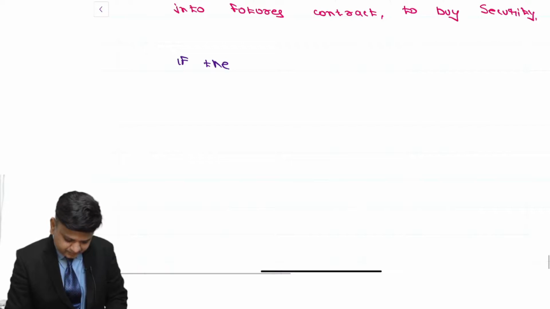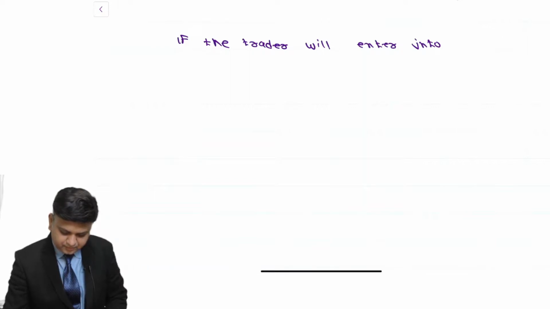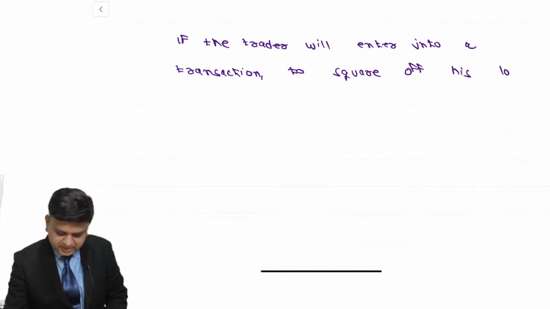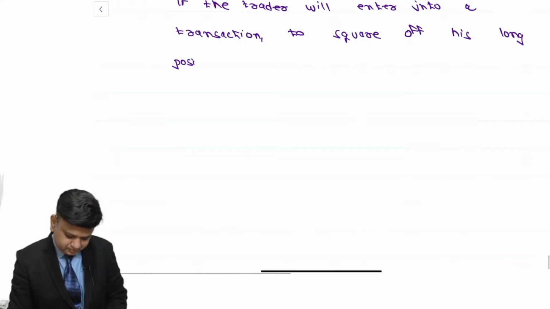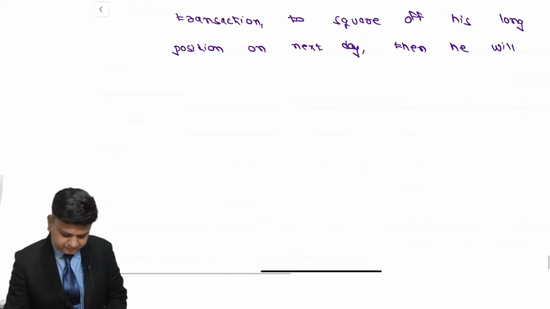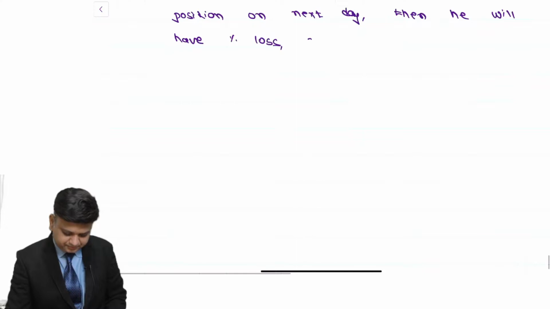If the trader will enter into a transaction, comma, to square off his long position on next day, comma, then he will have percentage loss calculated as under.